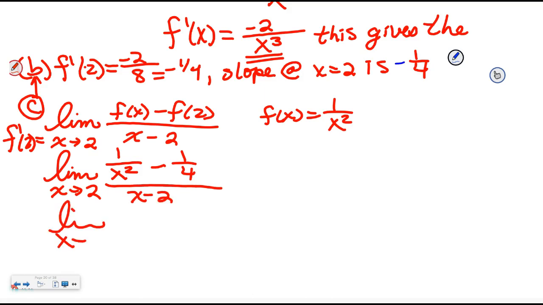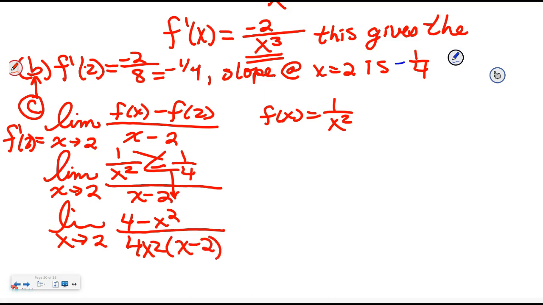Cleaning up the complex fraction issue on the top. Again, if I put in a 2 right now, I have 0 over 0. I've got 4 minus x squared, all over 4x squared, multiply across, and then collapse as a product. I'm feeling good about this because that top has my issue hiding in it.